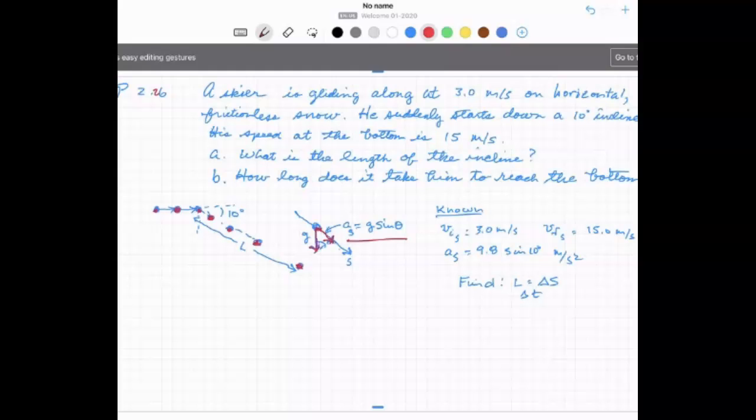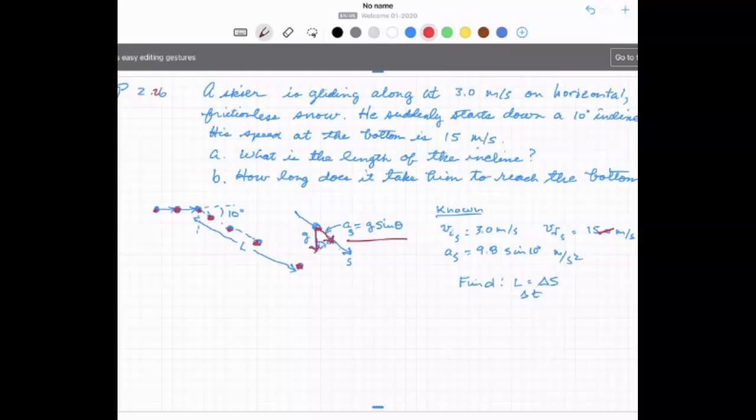So what do we know when we tackle this problem? Well, we know the initial speed is 3.0 meters per second along the s direction, and his final speed is 15 meters per second. Actually, we only know this to 2 significant figures, so this is a mistake.